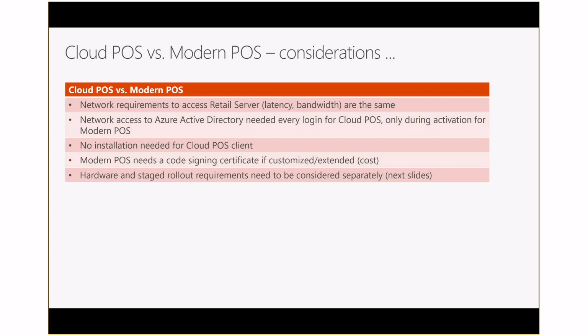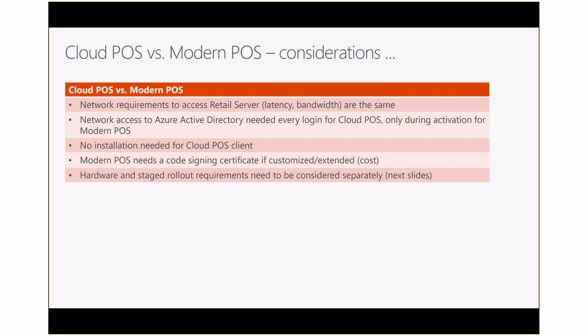What's different is that with Cloud POS, every time a new window is started, and after a certain amount of time, the authentication token needs to be refreshed. Therefore, access to the Azure Active Directory is required to run Cloud POS successfully.